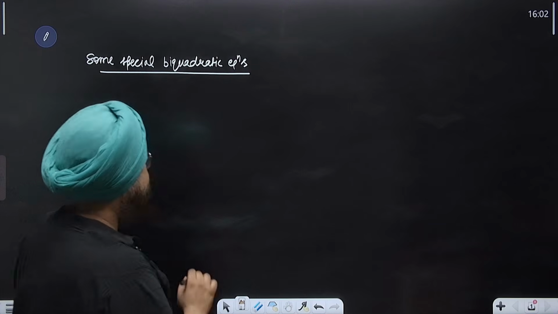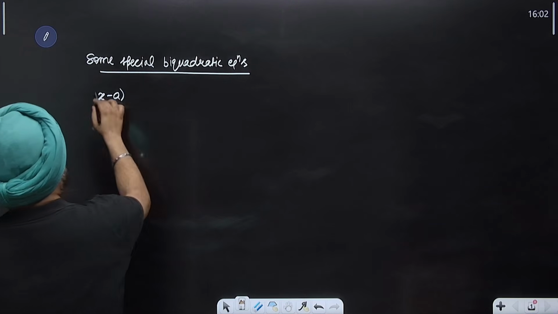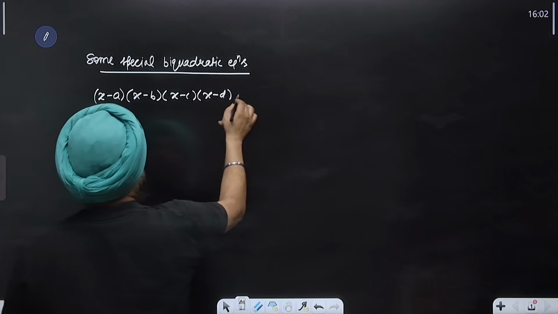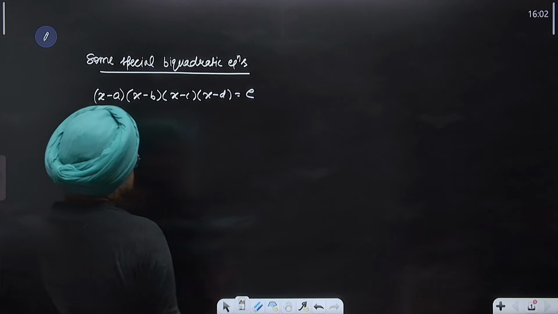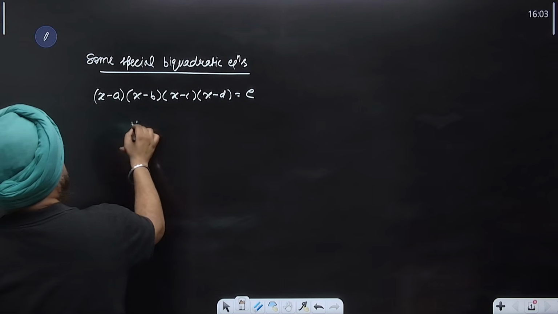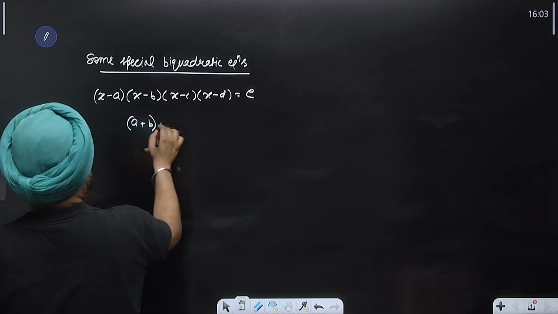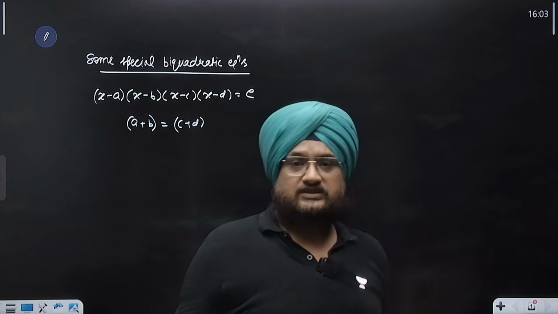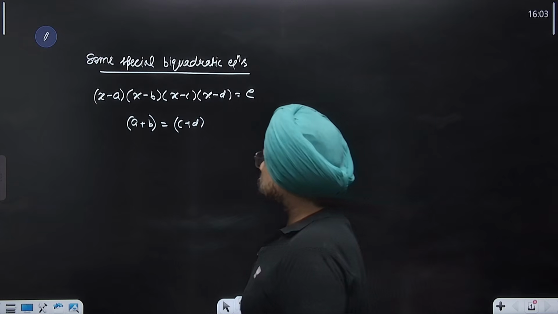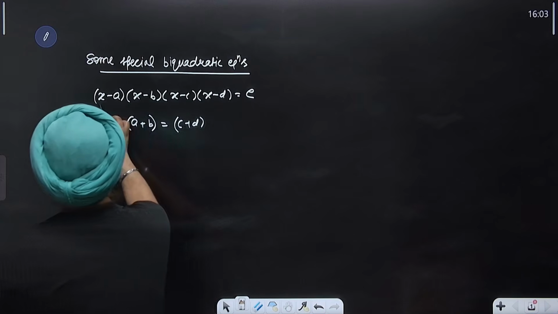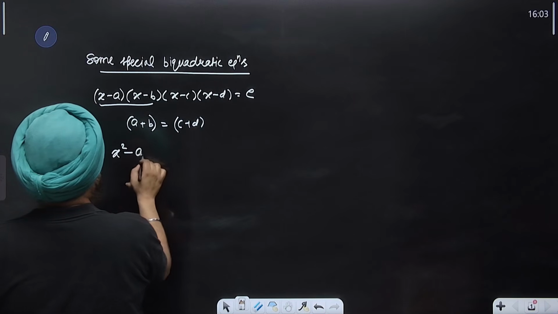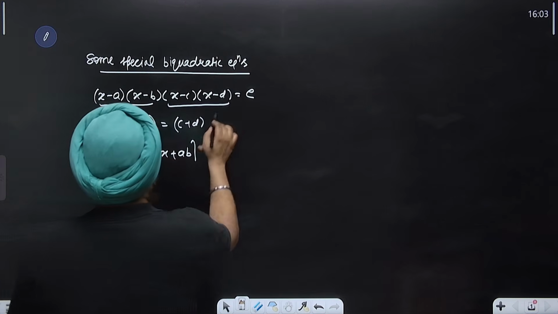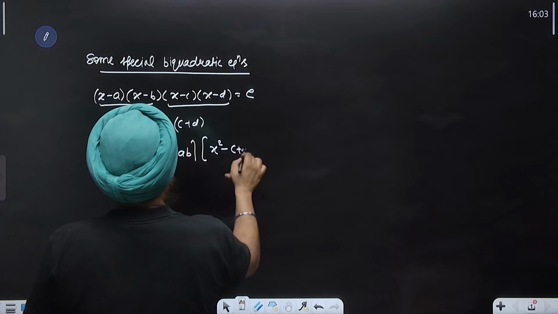First in this category is, suppose we are given this type of a biquadratic equation in which the sum of two coefficients a plus b is equal to the sum of the other two coefficients c plus d. So what we can do, we can multiply these two and multiply these two.